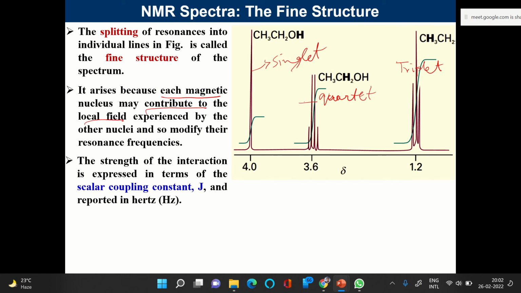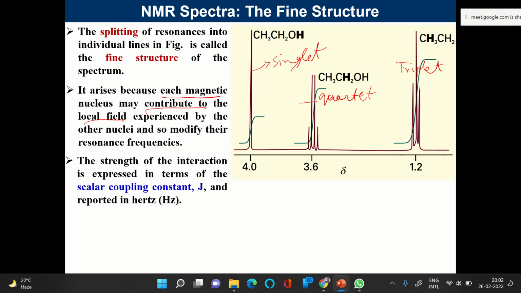And so we are going to understand this part. Just like we have earlier talked about coupling of orbital and spin quantum numbers in the case of electrons, here also we can think of coupling of these two things, coupling of the angular momentum of one nucleus with the other.